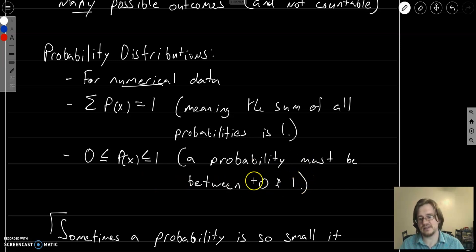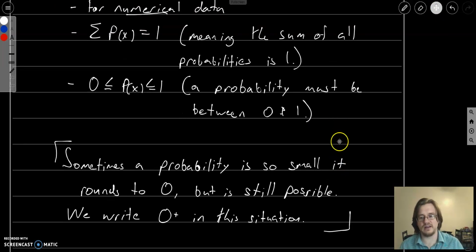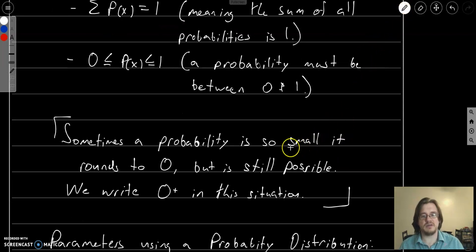If it's exactly 0, the event can't happen. If it's exactly 1, the event is certain. If it's somewhere in between, there's a chance it might happen and a chance it might not. Now, there's a small caveat here. Sometimes the probability is so small it rounds to 0, as in it might be 0.00000001.